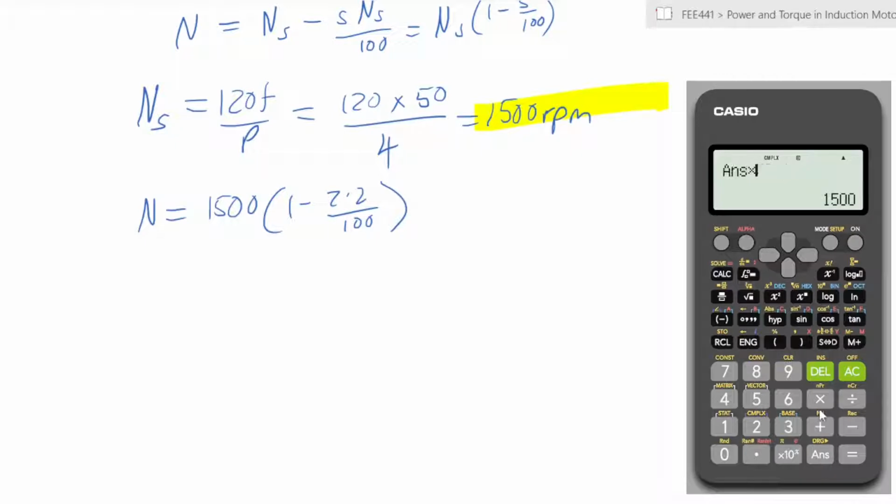So 1500, it's already on the calculator, times bracket 1 minus 2.2 divided by 100. And that gives us a similar figure. It is slightly less, which is what we expected, 1467 RPM. Okay, so that is your expected mechanical motor speed at that particular slip.